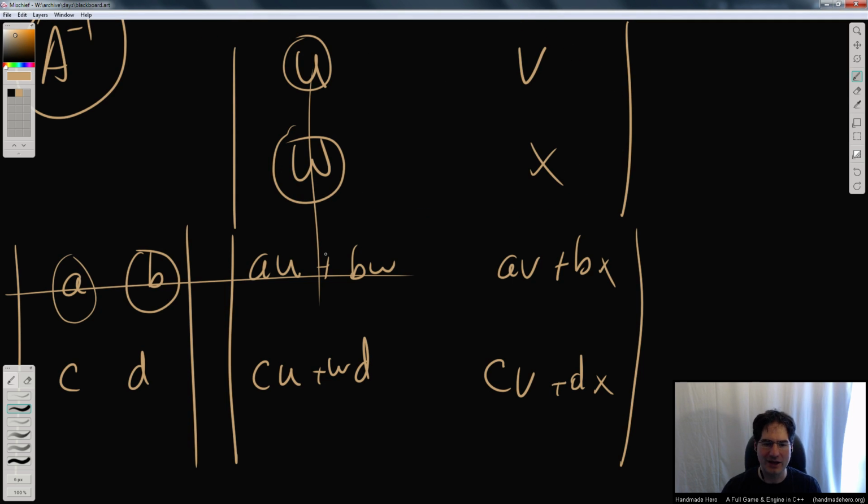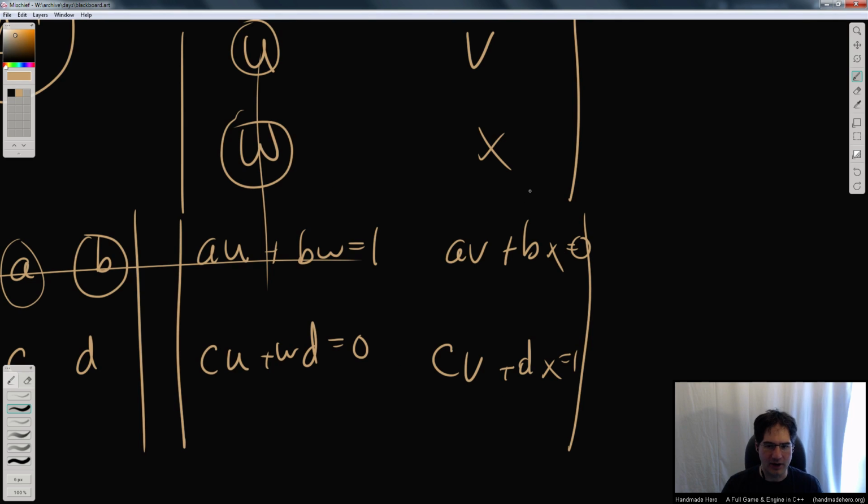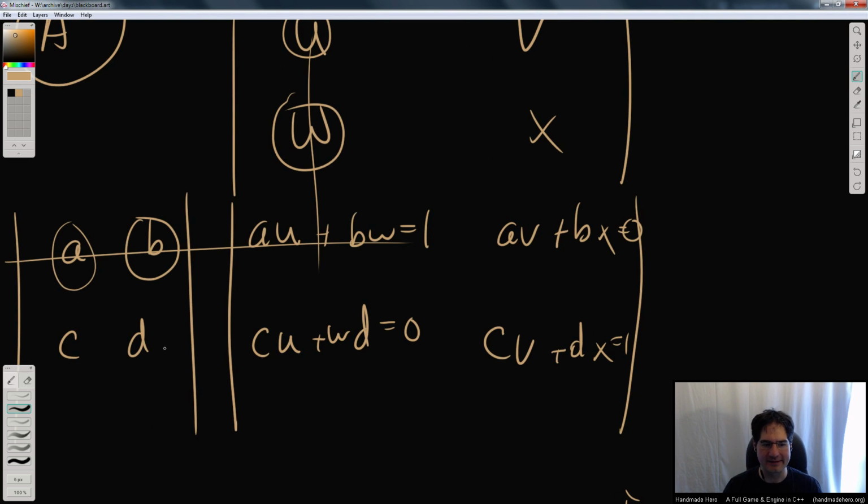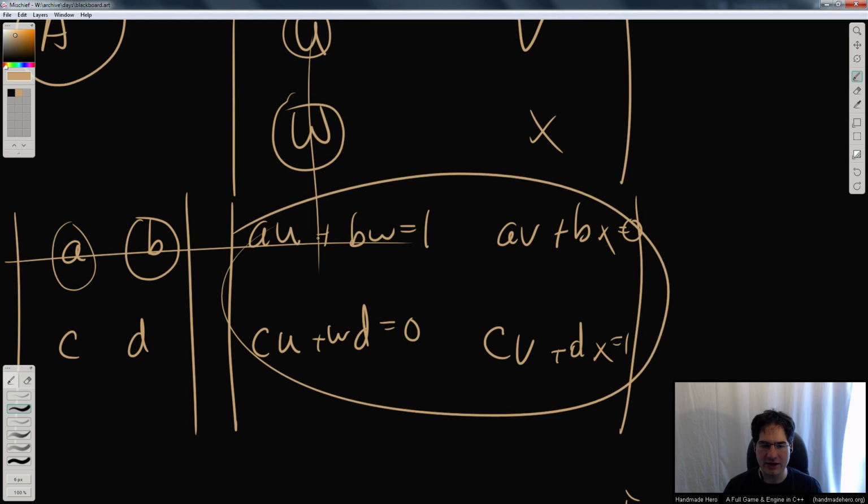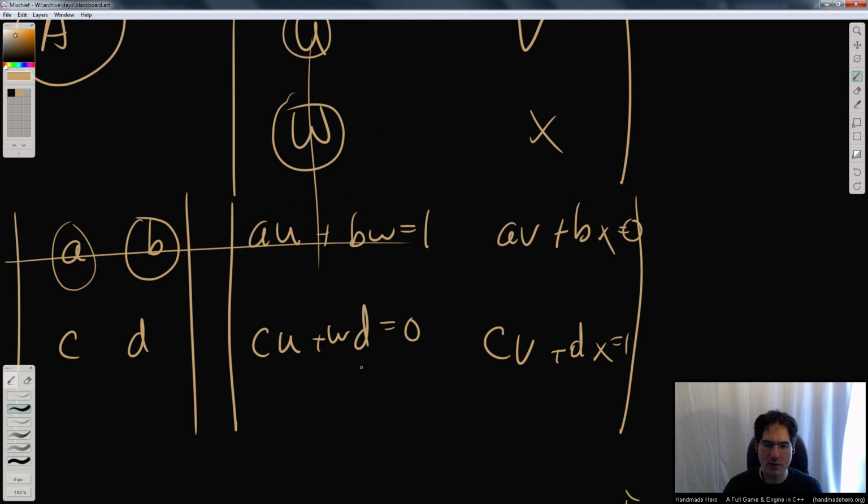What would we make those values if we wanted this to come out to be 1, 0, 0, 1? Well, the answer, obviously, is you've got a system of 4 equations and 4 unknowns. You could just solve them. We don't know u, v, w, or x. We do know a, b, c, and d, and we know 4 equations using u, v, w, and x. So all we would have to do to produce the identity is solve the 4 equations, and that would produce what we want.